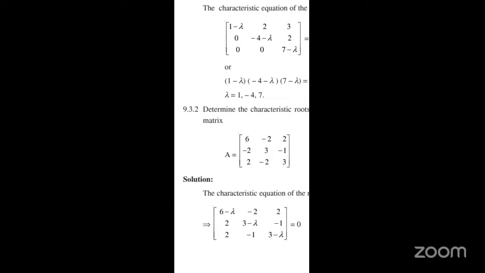We must find the characteristic roots and the corresponding characteristic vectors of the matrix. Practice the same way as the above problem, just see and refer to the above problem, replacing A minus λ.